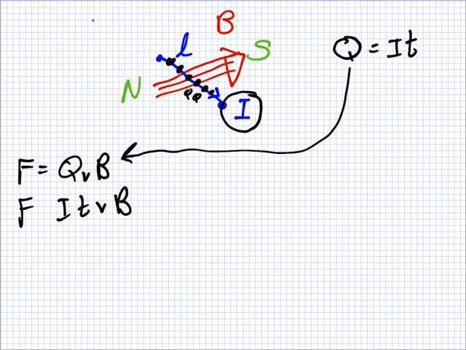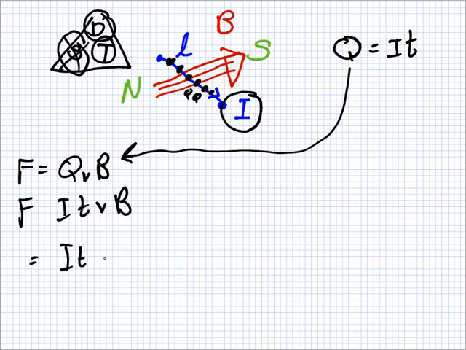But then, if you remember your triangle, distance, speed, and time, you know that speed is distance over time. So this can be written as ITLB over T. They cancel, leaving you with the easy to remember formula, BIL.